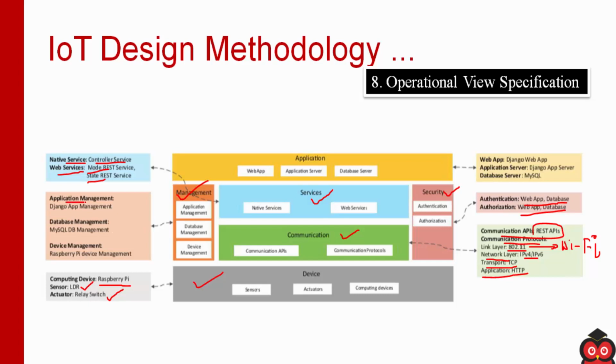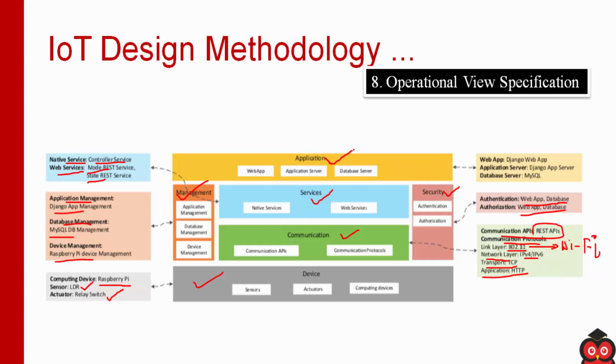So for application management, how are you developing the application? Using Django. So what is Django? Django is a Python framework for creating web applications. And for database, we are using MySQL database, right? And device management, we are using Raspberry Pi.